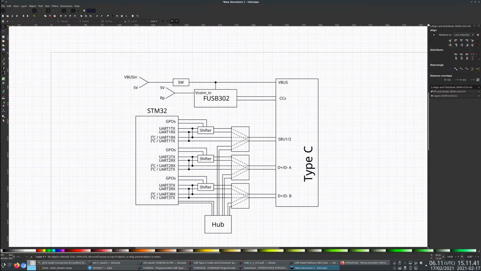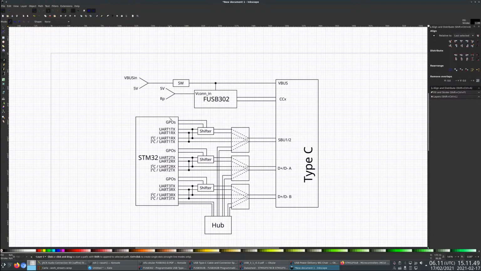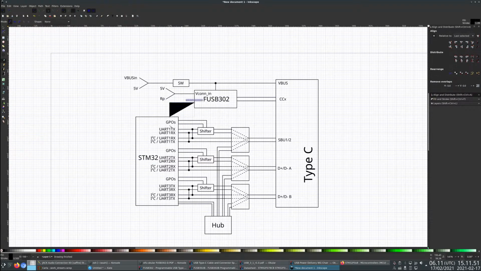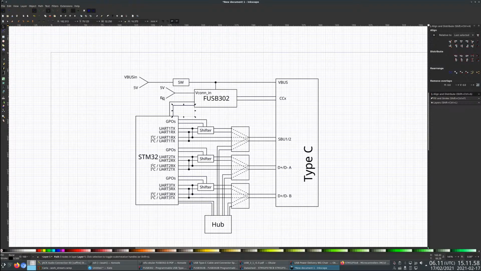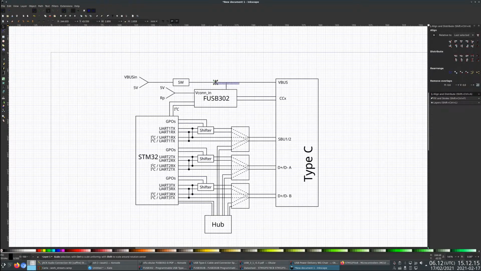And of course, there's going to be I2C from this to the STM32. Put this in here. And so this is, let's move this a little to the side.